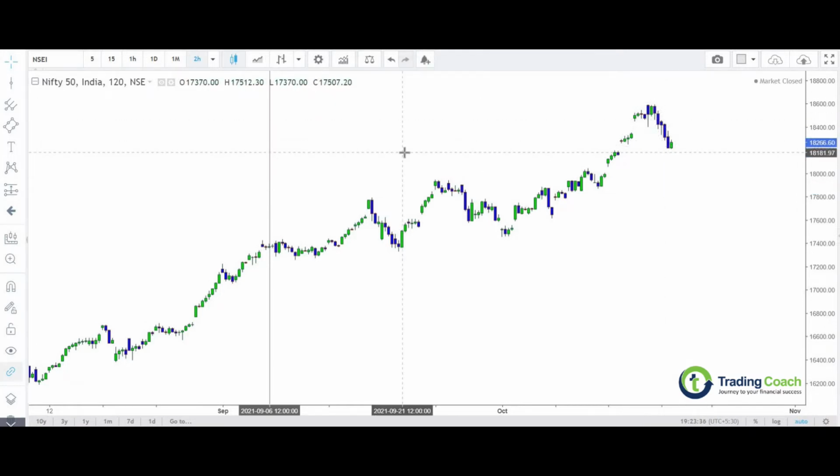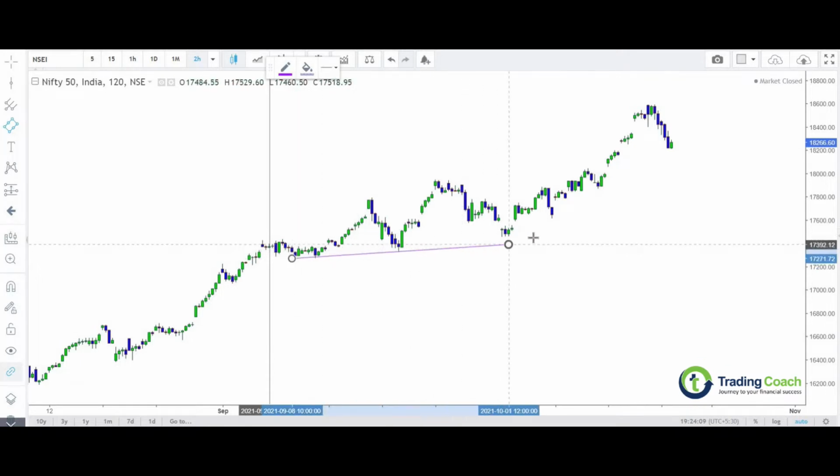In order to understand the structure properly, first I'm going to draw the support and resistance. Let me quickly draw both the support zone and the resistance zone on this particular channel. Here we have a very nice support zone. You can see that every time the prices touched this point, there is a very good bounce back in the index prices.